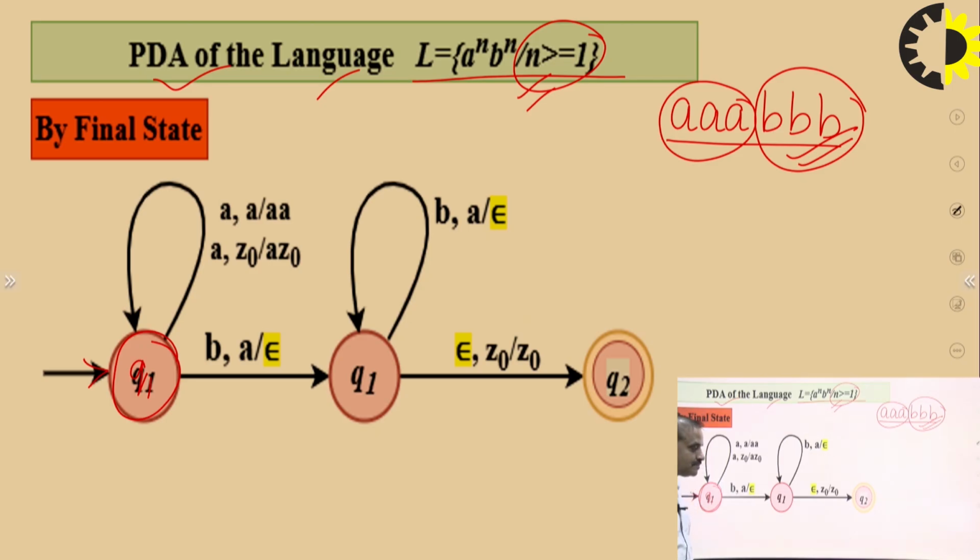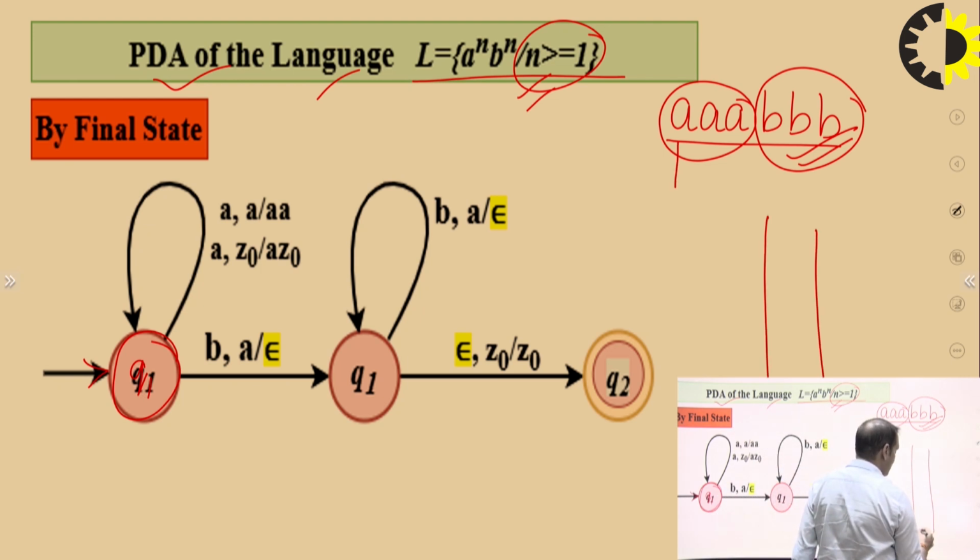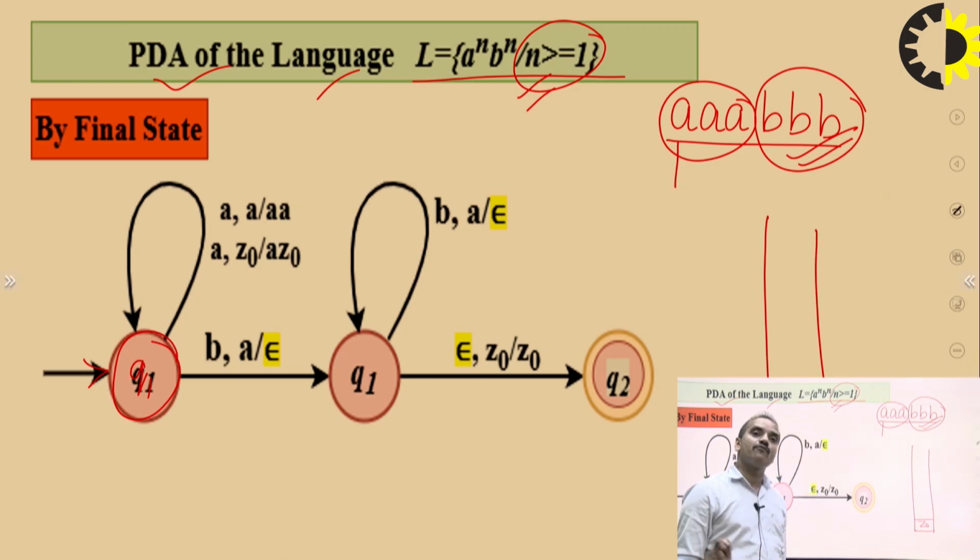We know that we have to use the input tape, finite control and pushdown store. The logic in this question is that if A is encountered, we push it inside the stack. That means we have to match the number of A's with the number of B's. How do we match? We match with the help of the stack.